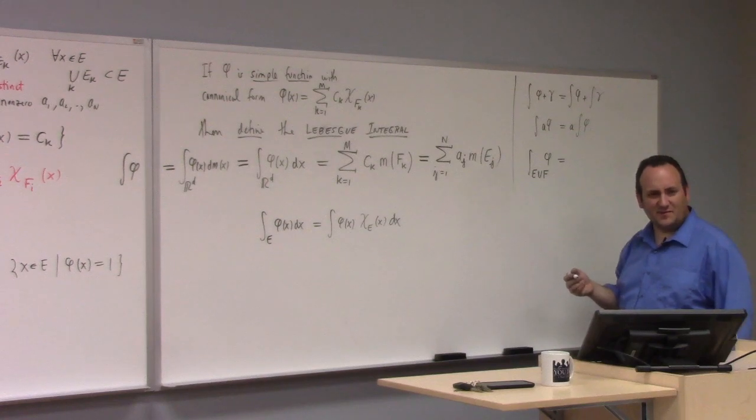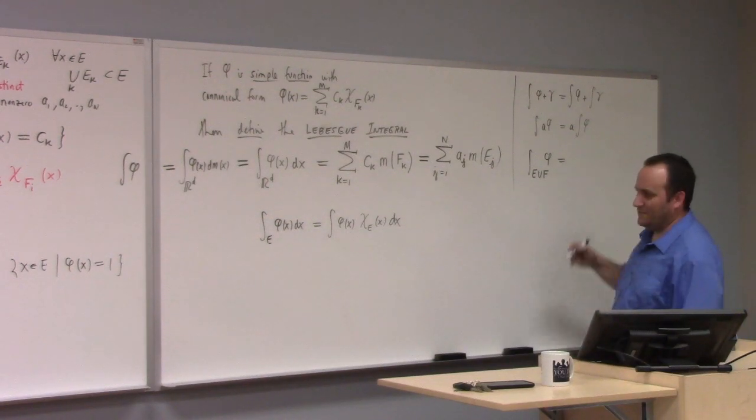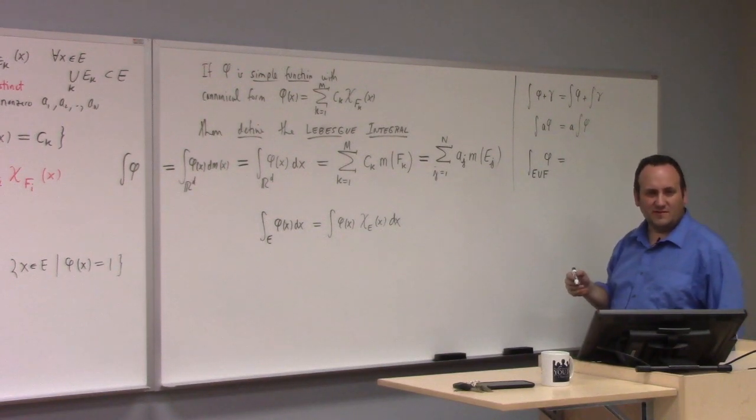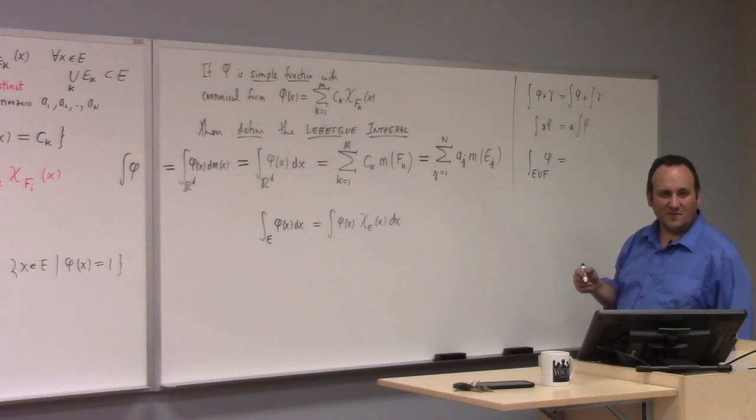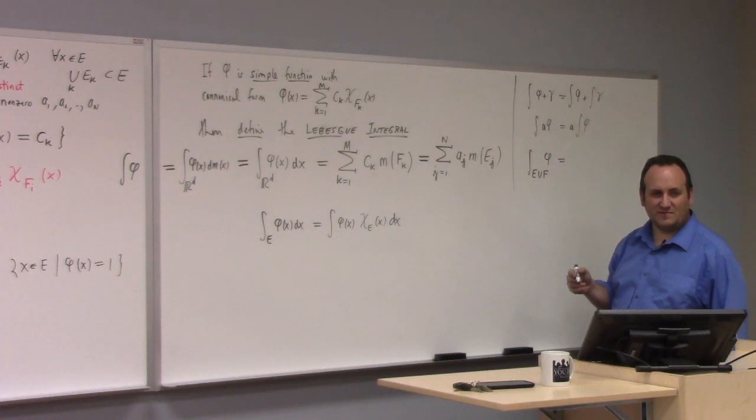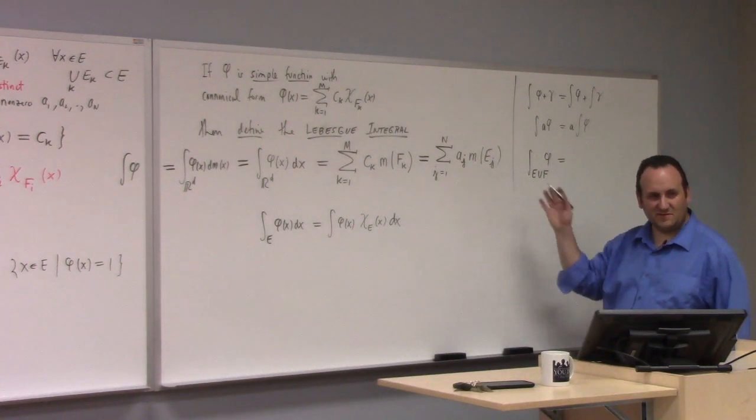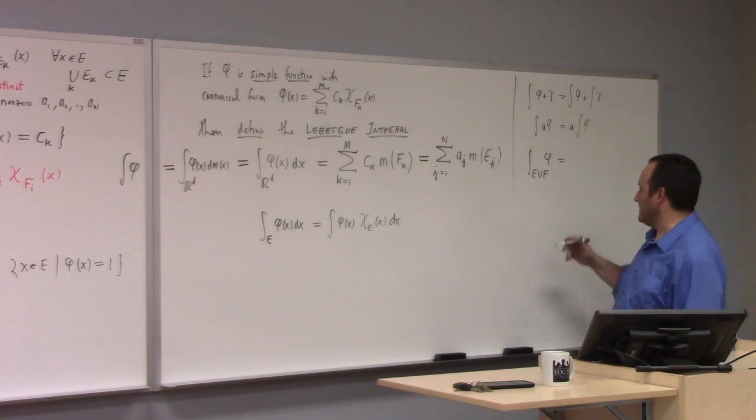I mean, they're dumb. If we're in d equals 1, what's the graph of a simple function look like? It's just a step function, just like skyscrapers, you know? Not interesting ones either.